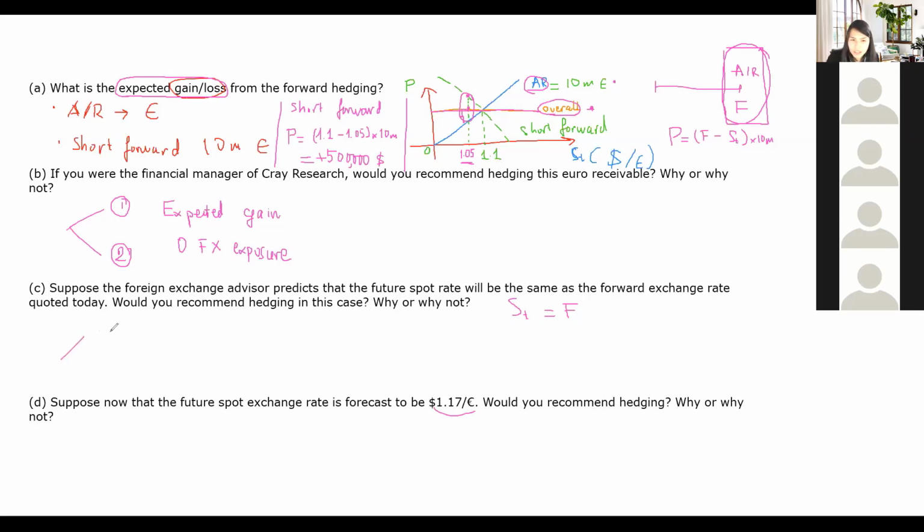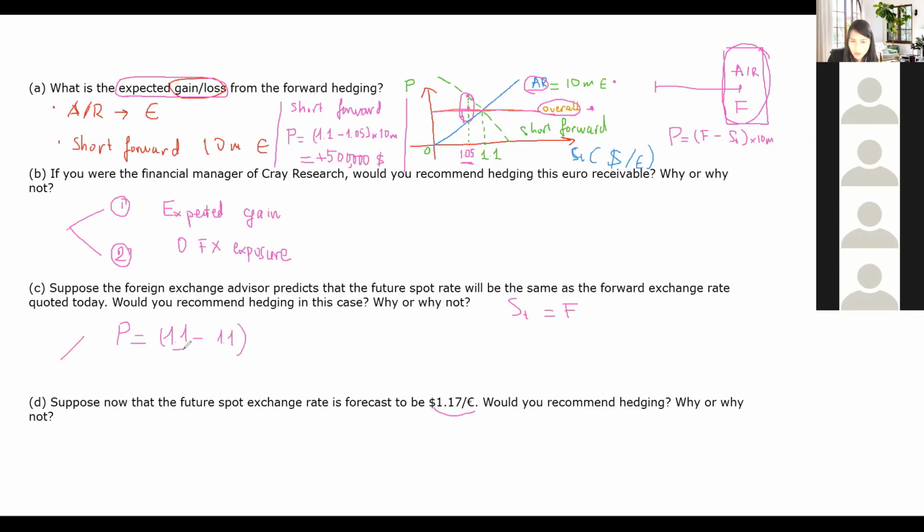So in this case, if I just look at the expected financial outcome, I could go through the same exercise as I did in question A and compute the expected gain or loss of the forward hedge. So in this case, my payoff is going to be, like Nick said before, the same, right?